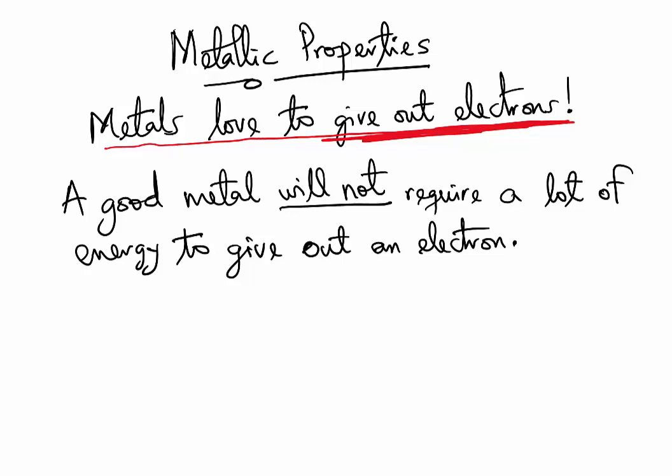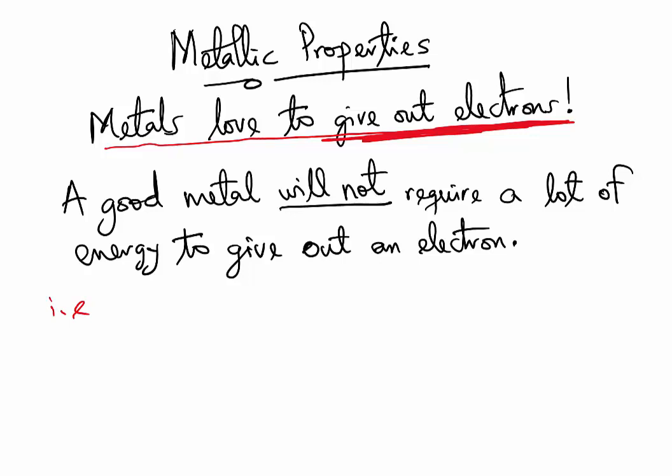That is the opposite of ionization energy. So what it means to be a good metal is that an element should have low ionization energy.